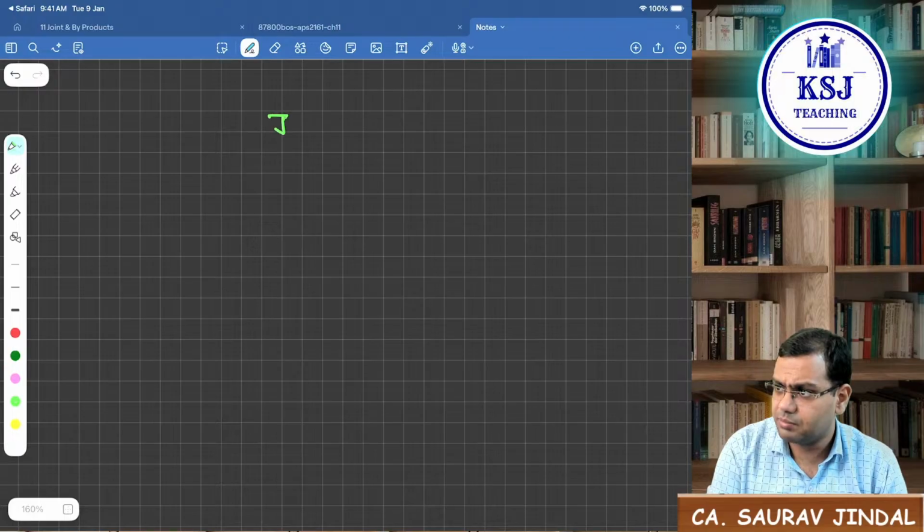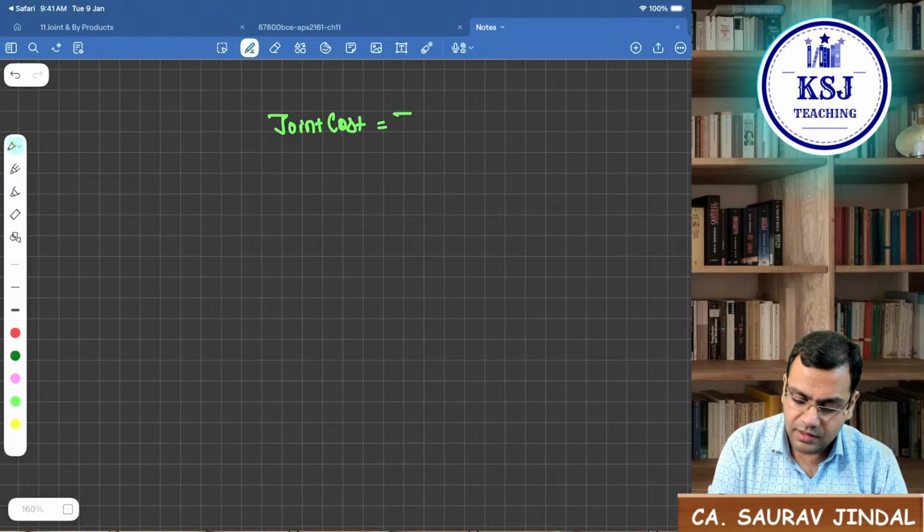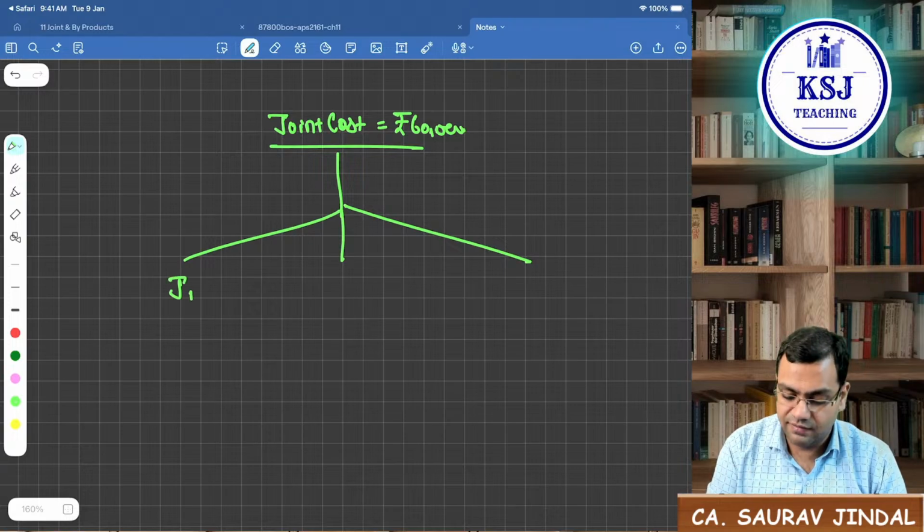Let's take a quick example for this. Let's say the joint cost incurred is 60,000. Joint cost incurred is 60,000, right? Out of this, 3 products are manufactured, that is J1, J2 and J3.